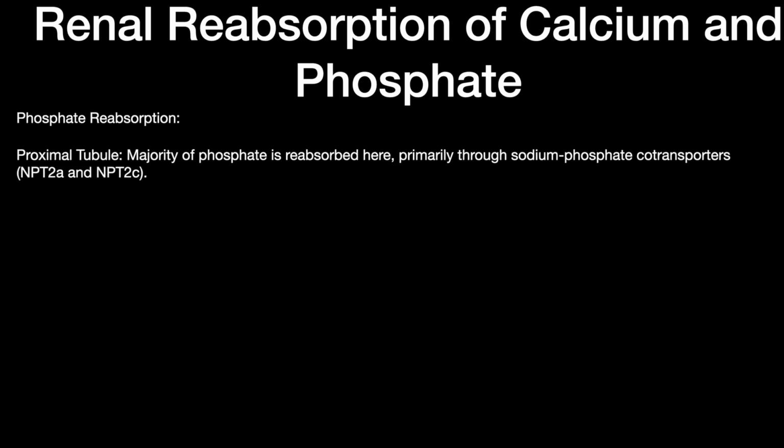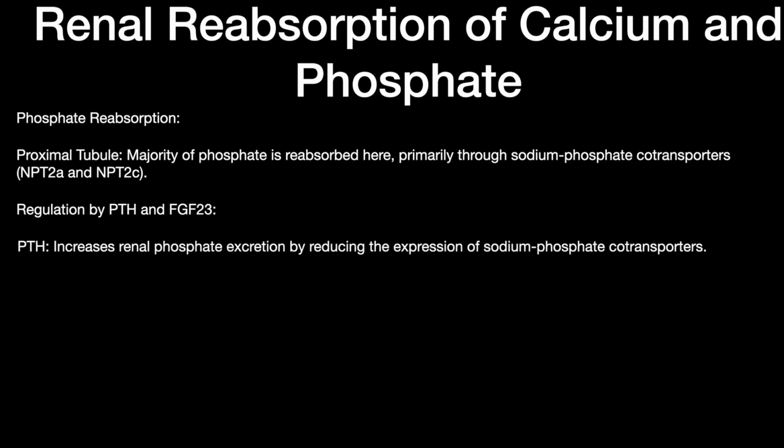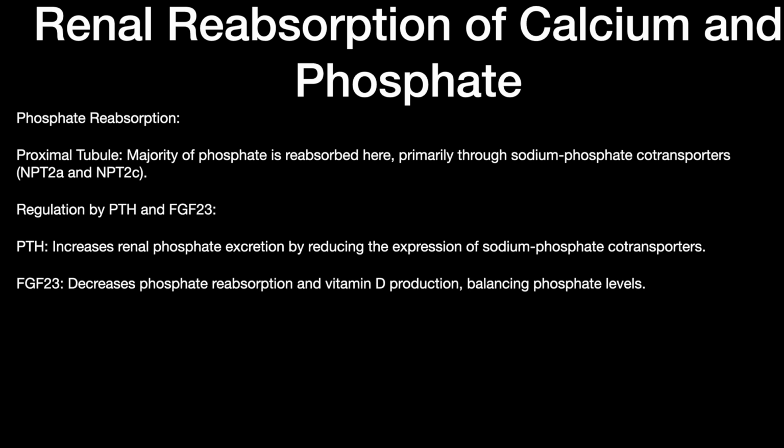Next we have phosphate reabsorption. The majority again occurs in the proximal tubules through the NPT2A and 2C receptors. Then you have regulation by parathyroid hormone and FGF23. Parathyroid hormone increases renal phosphate excretion by reducing the expression of sodium phosphate cotransporters, and FGF23 decreases phosphate reabsorption and vitamin D production, balancing the phosphate level.